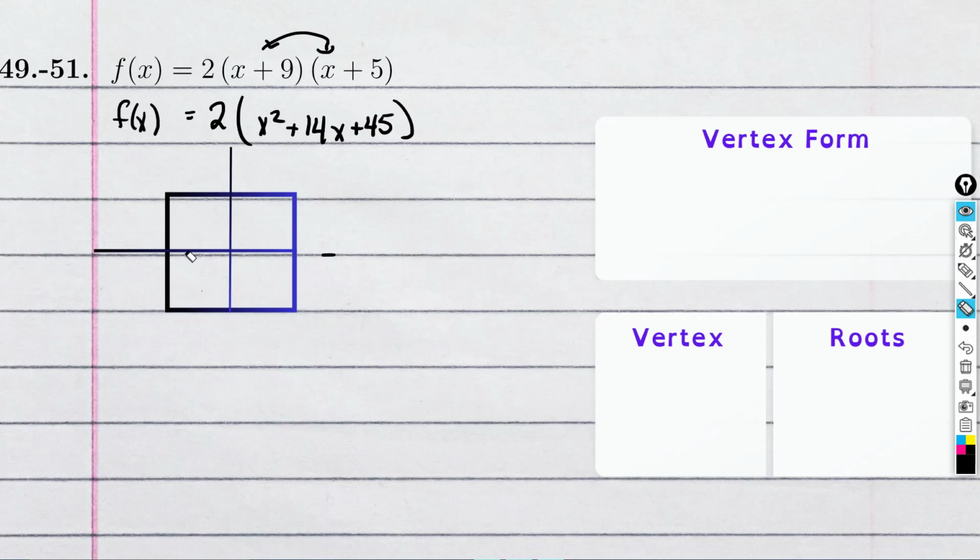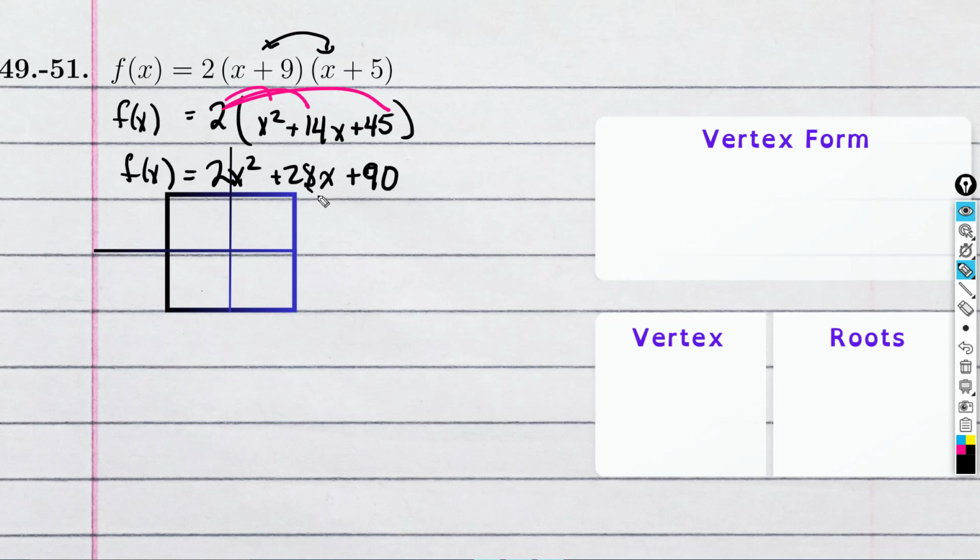And so now when I distribute that 2 to all the pieces, it becomes f of x is equal to 2x squared plus 28x plus 90.